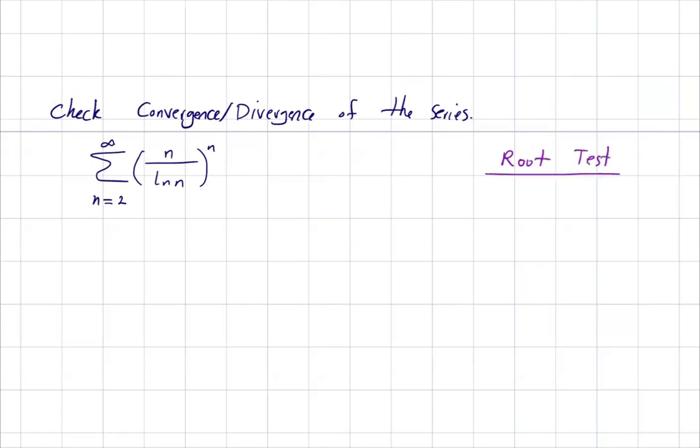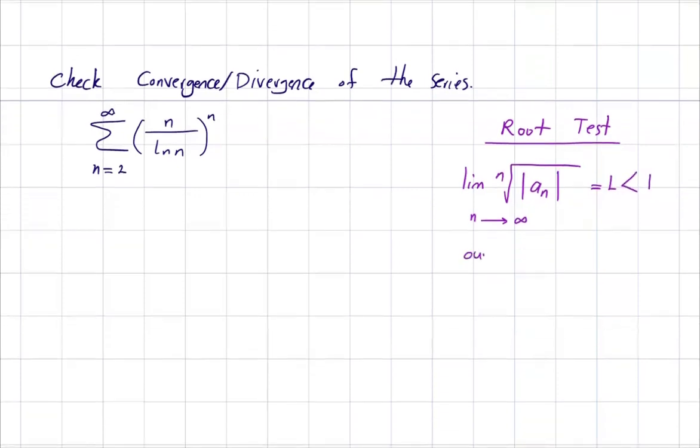The root test says if the limit of the nth root of the absolute value of a_n as n goes to infinity is equal to L, and this L is less than 1, our series is absolutely convergent, so it is a convergent series.